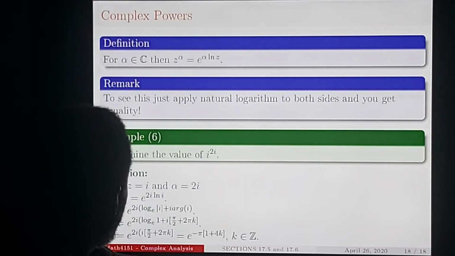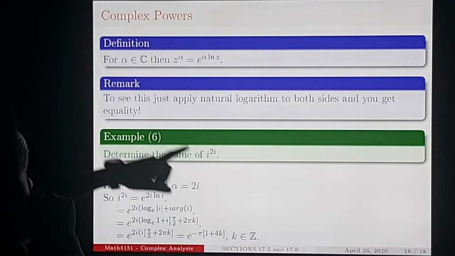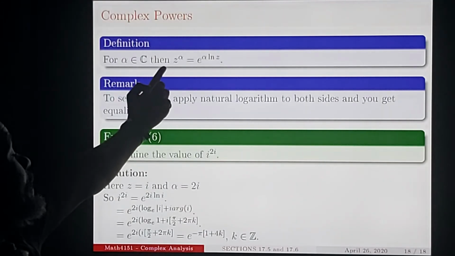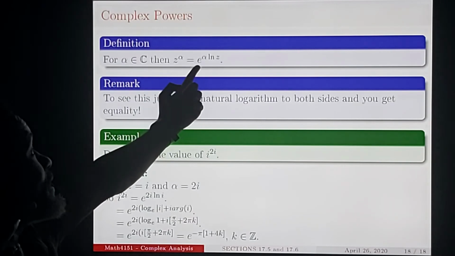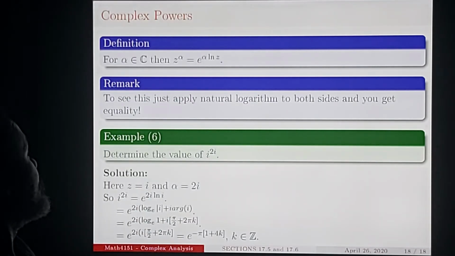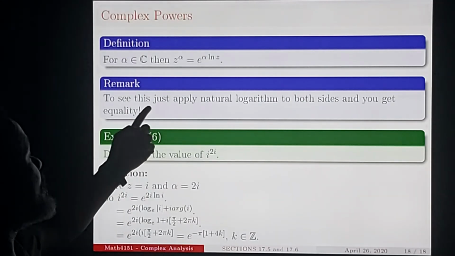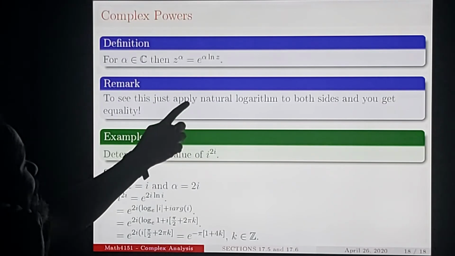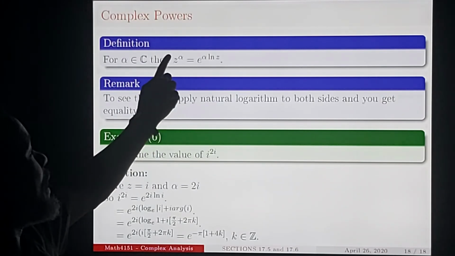Okay, so for alpha in C, for a complex number alpha, z raised to alpha is the same as e to the alpha ln of z. Here I put a remark to say that to see this, just apply natural logarithm to both sides, you will get equality.